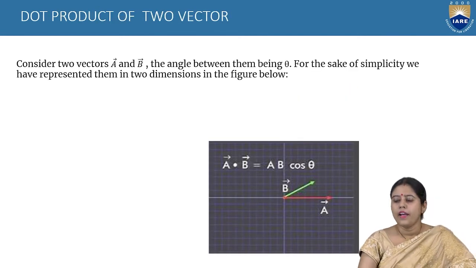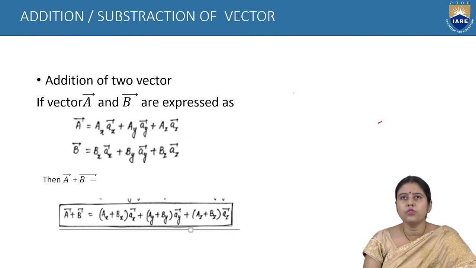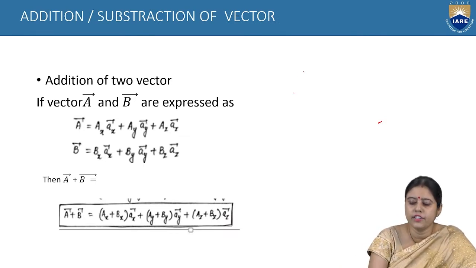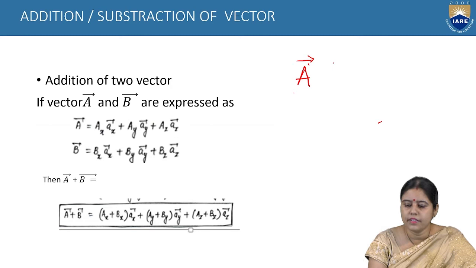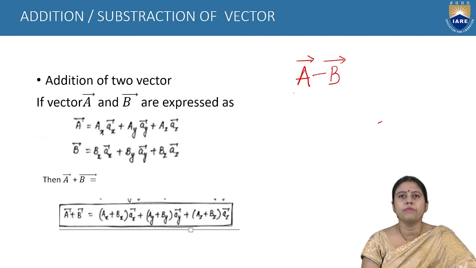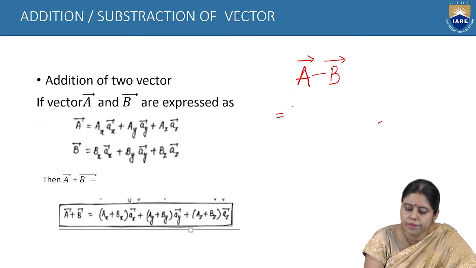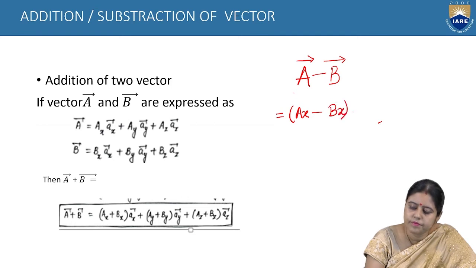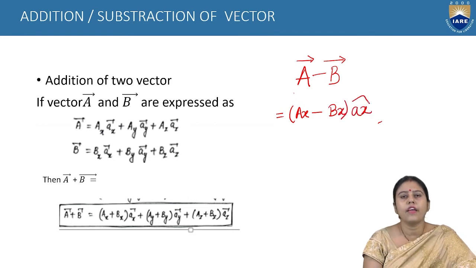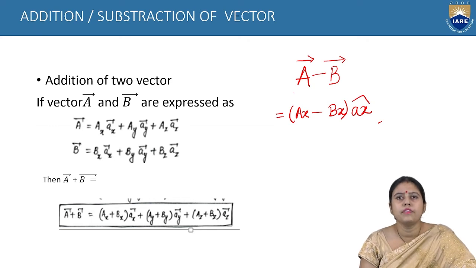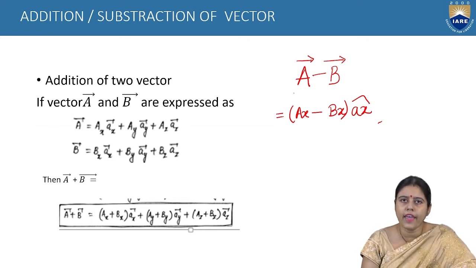Okay. Another thing, if we want to do the subtraction, though I have not mentioned it here, A minus B. What does it mean? This is just opposite to the addition. So the X component will be AX minus BX, because A minus B gives AX minus BX.